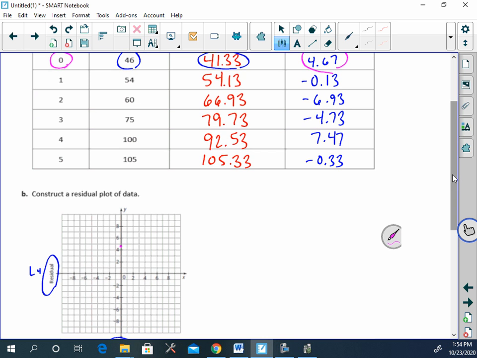Then we move to the next one, and it's at 1, so 1 is my x here, and then it's down 0.13, so it's at negative 0.13, just below the axis. So I've got this one done, I've got this one done, then we've got 2 with negative 6.93, so almost negative 7.